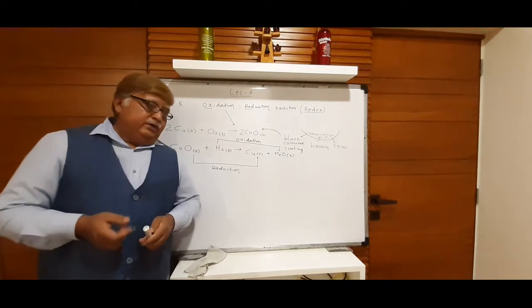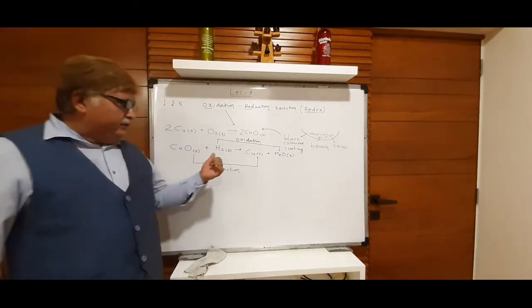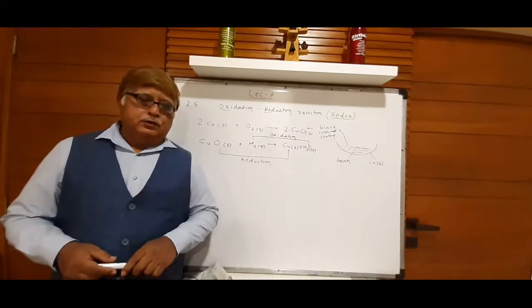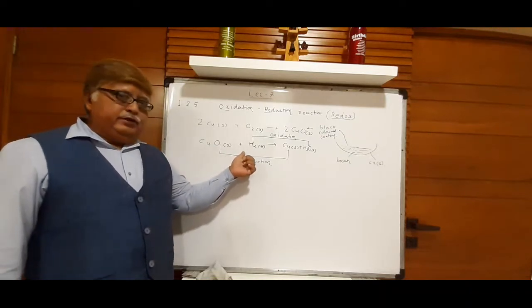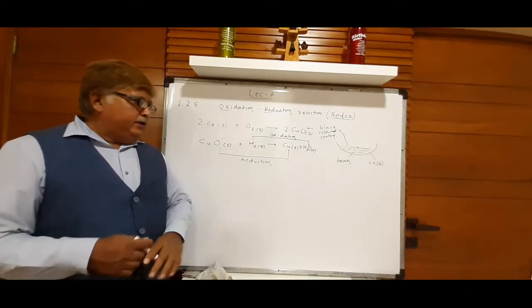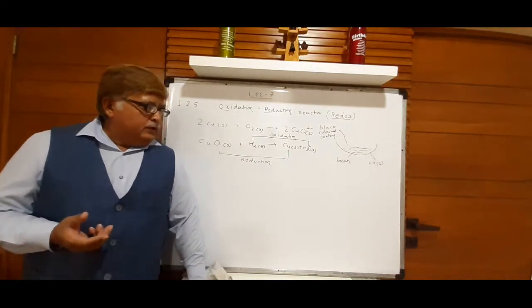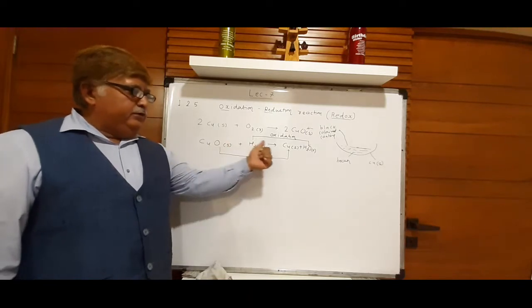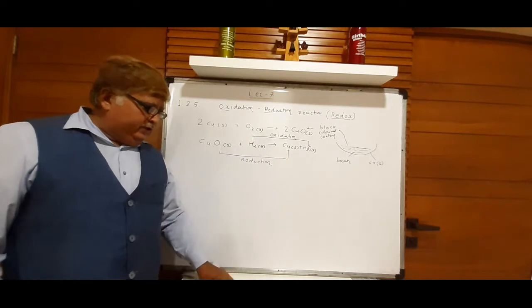Understand? My dear student, such a question can be asked in the exam. You will be given this. So, dear student, can you understand this is already a redox reaction? Because during this reaction, one substance is getting reduced and one substance is getting oxidized.